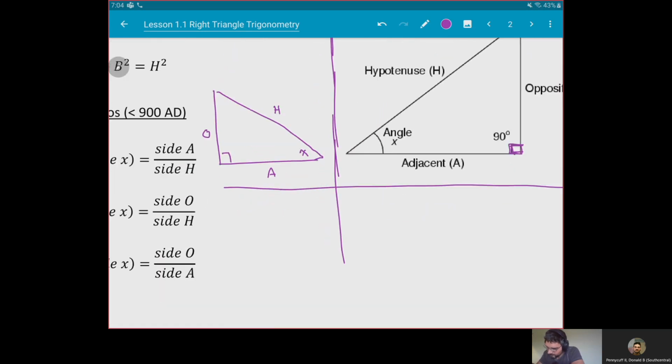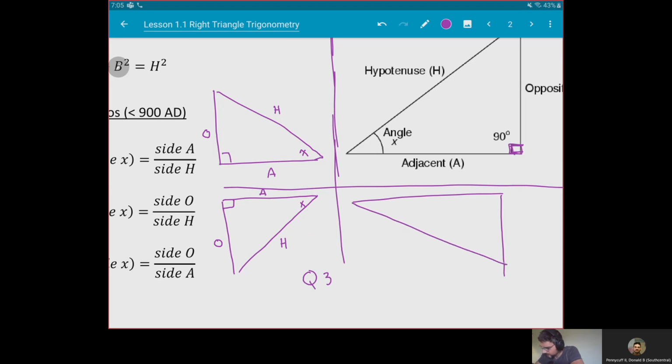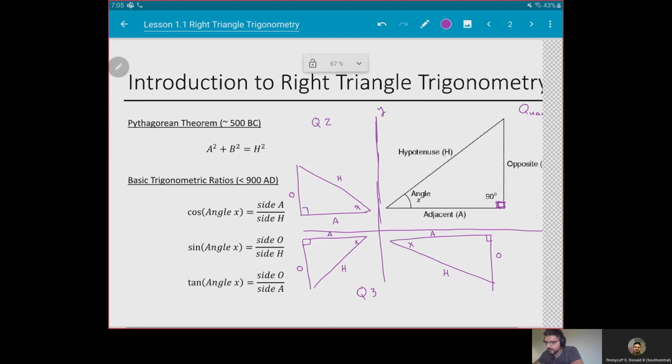If we were to draw it in quadrant 3, it would look like this. And that would be quadrant 3. And if we were to draw it in quadrant 4, it would look like this. Okay. And all the formulas work regardless of which quadrant it's drawn in.